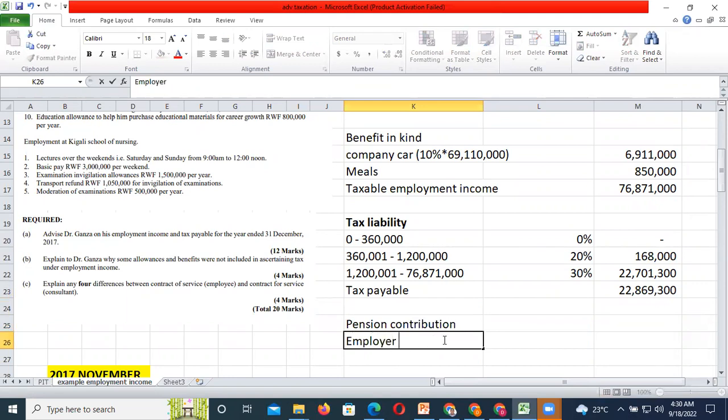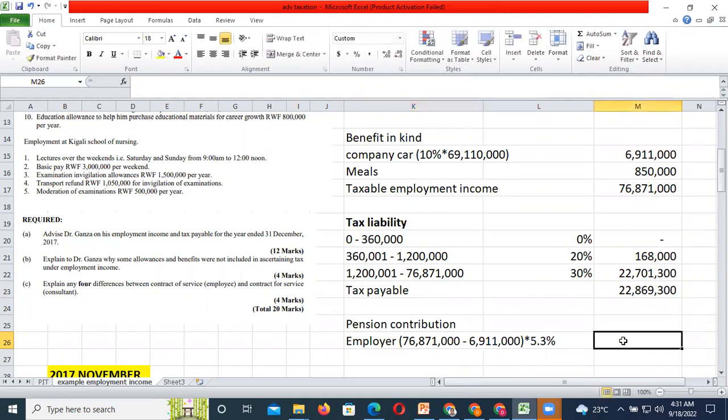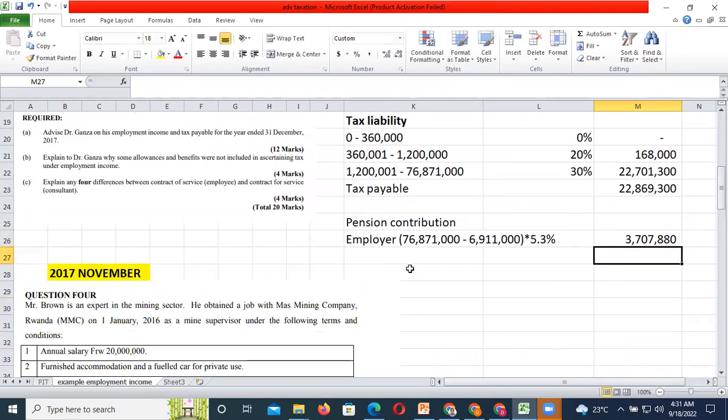The employer will pay 76,871 minus our car benefit, which is 6,911, then times 5.3%. So this minus this times 5.3%.